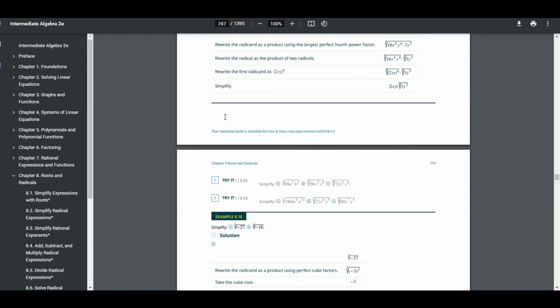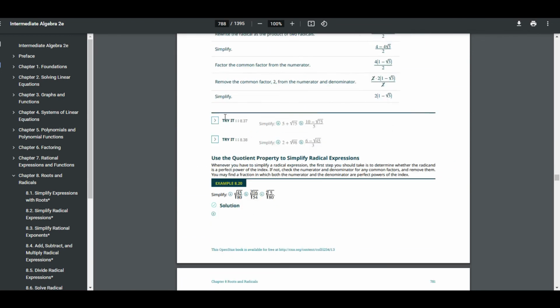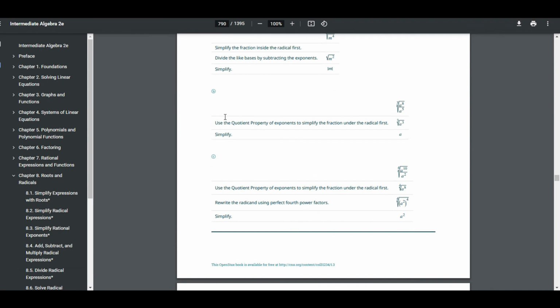Let me see. Simplify radical. Oh, there you go. I have something with a fraction right here.